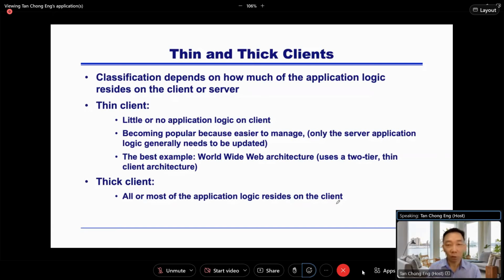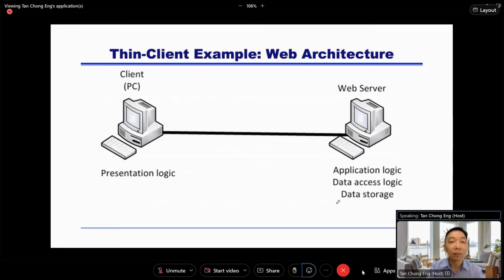For example, your application logic and things like that will all be emphasized in a thick client. So a thick client will serve more functionality, such as more application logic as well. Thin clients do not have to, because thin clients were designed to be lightweight.